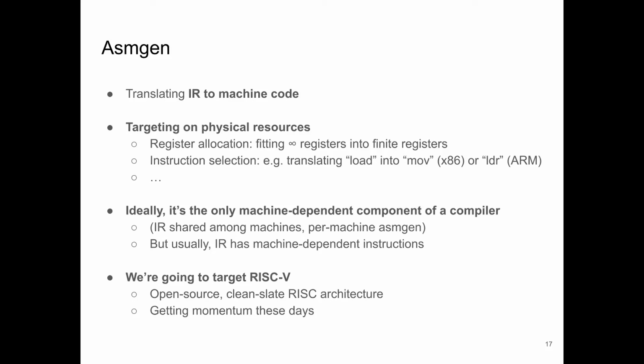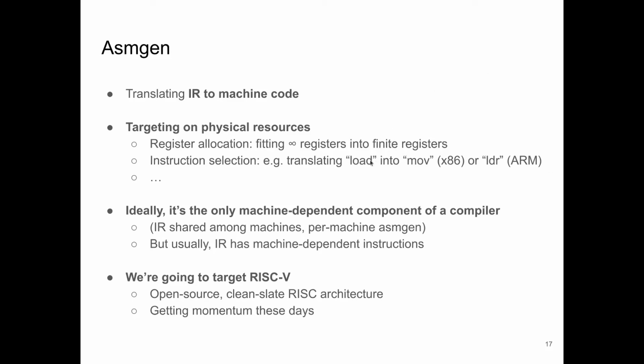Another important thing to do for this IR to machine code gen, ASM gen, is instruction selection. As I said, there are many instructions in the architecture that are exploitable, and we need to choose an architecture instruction for each IR instruction.